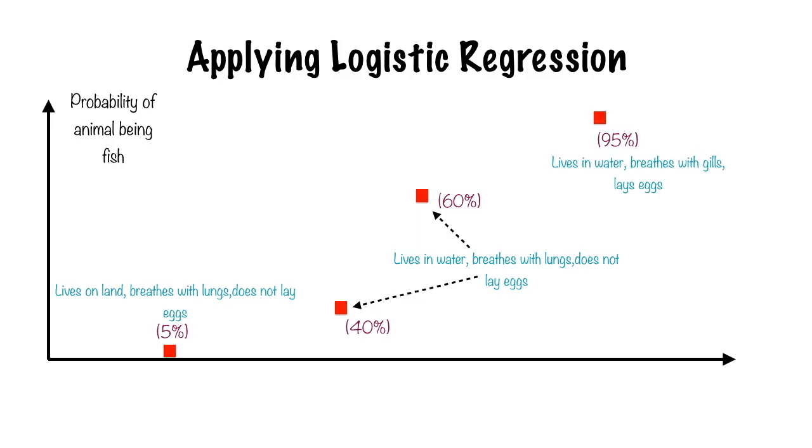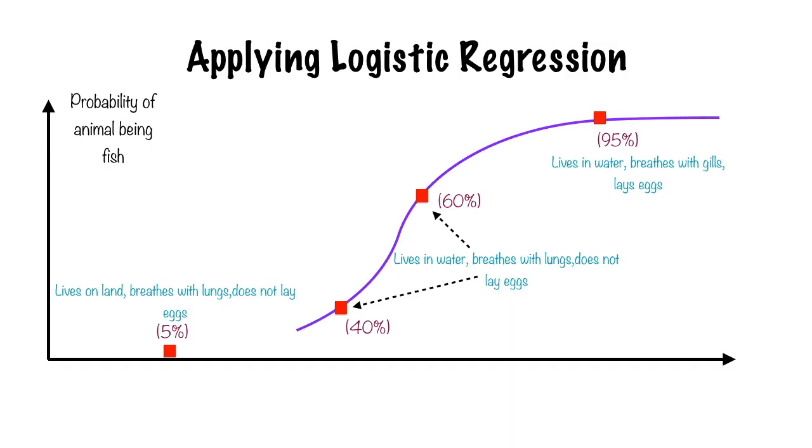This S curve tells us that if an animal lives on land, it breathes with lungs, and does not lay eggs, then the probability of it being a fish is only 5%. Let's say it's at the other extreme, it lives in water, breathes with gills, and lays eggs, then it's almost certainly a fish. In the intermediate portion of the curve, the training data might have included animals like whales or duck-billed platypuses, special cases as it were, which share some but not all of the common characteristics of mammals.